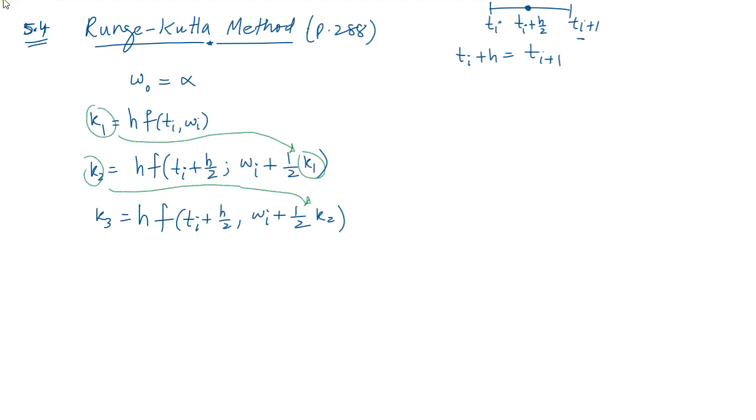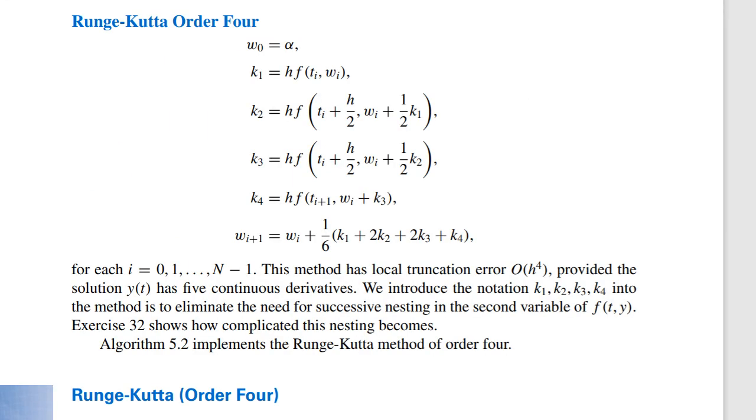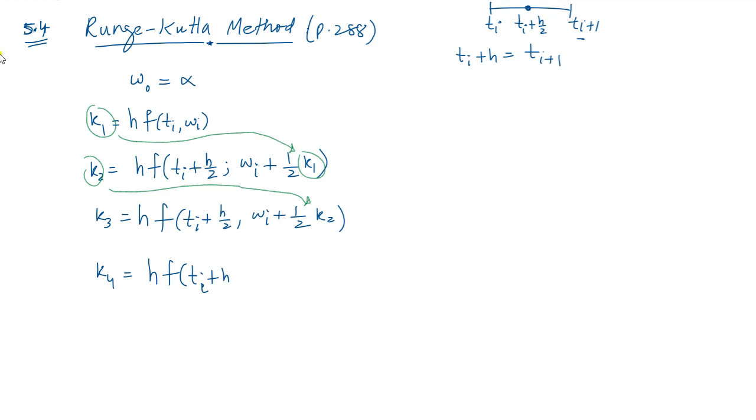Then k4 uses k3, but they don't use the midpoint. They go to the next point now, ti plus h, which is basically ti plus 1. So we can write ti plus 1 here instead of ti plus h.